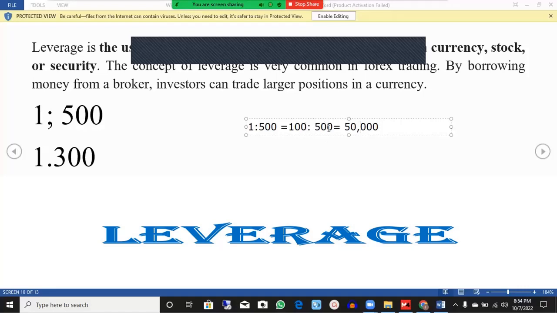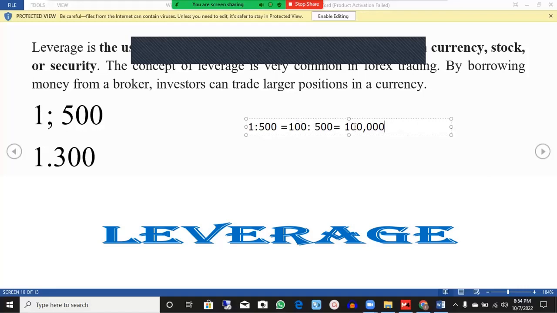If you had used 1:1000, it simply means the broker would have given you $100,000. So guys, you see, it is in your hand to tell the broker how much money they should borrow you. But don't forget, you will not lose more than this $100, even though they gave you $100,000 to be trading with.